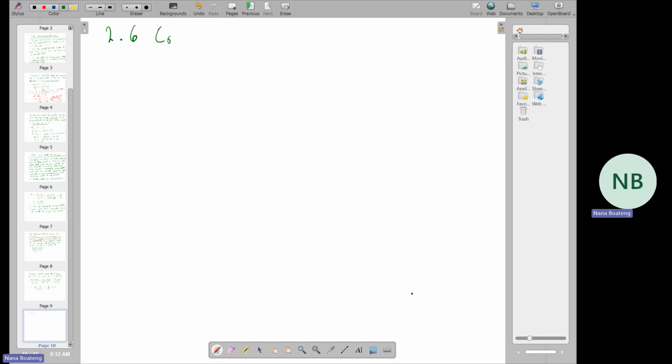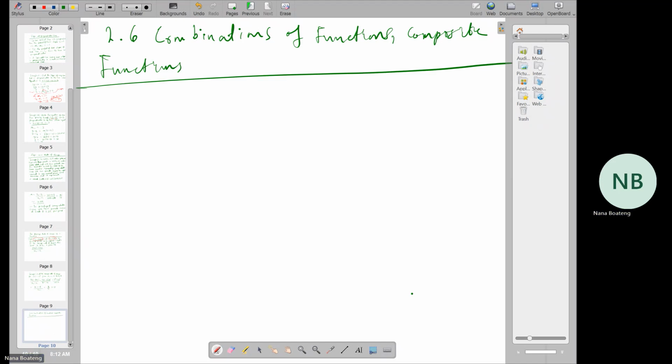It's about combinations of functions and also composite functions. The first thing we'll be discussing is how to find a function's domain.